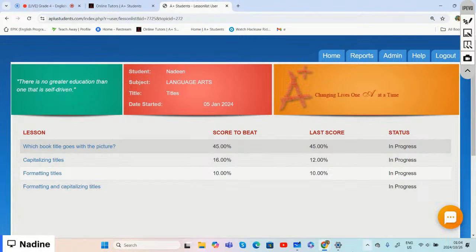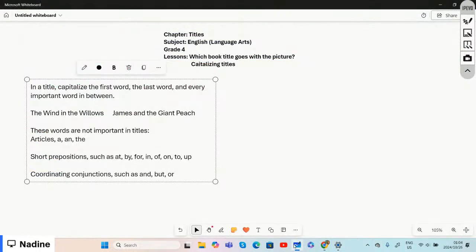All right. So our chapter is titles. Our subject is English Language Arts. We're doing grade 4.